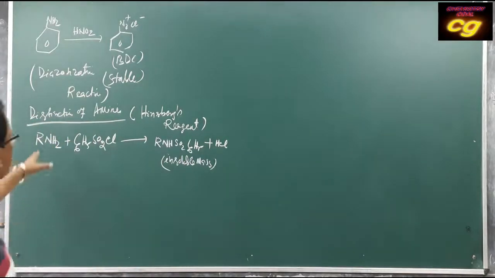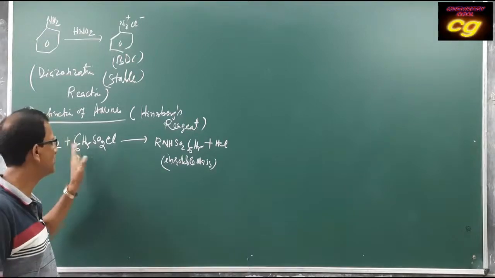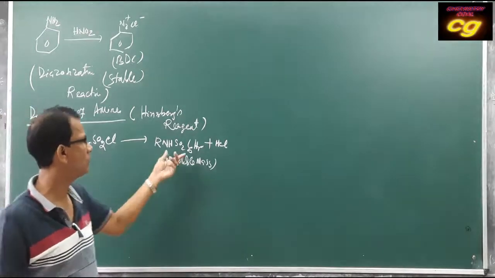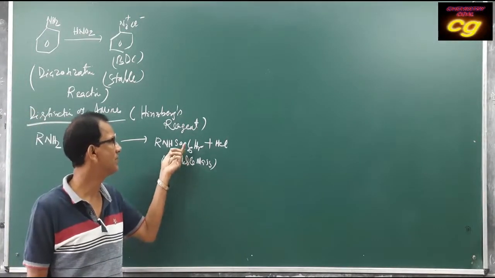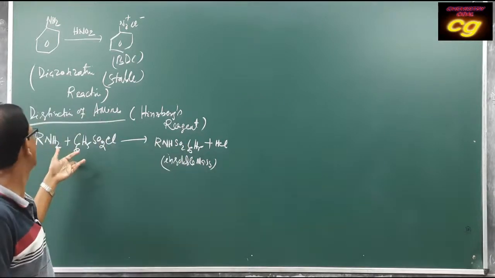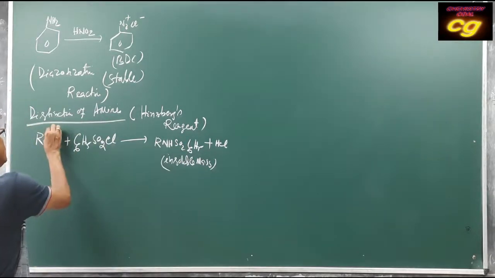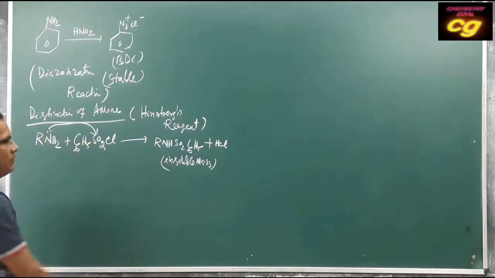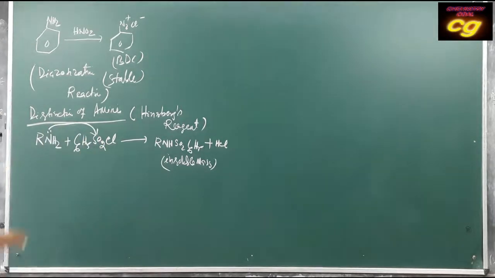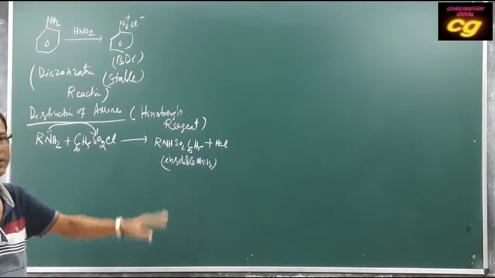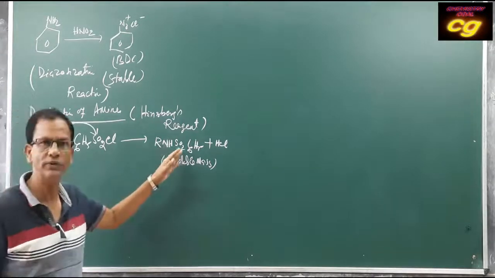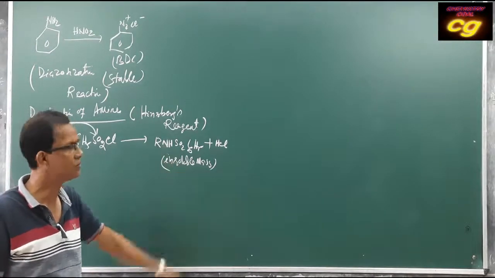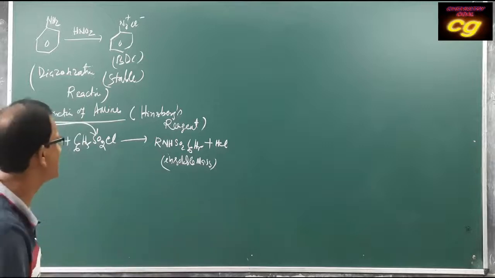The amine with benzene sulfonyl chloride produces an insoluble mass through substitution of the amine nitrogen onto the electron-deficient sulfur. That's why it acts as a nucleophilic substitution. This reaction is called nucleophilic substitution, and the insoluble mass appears as a precipitate.